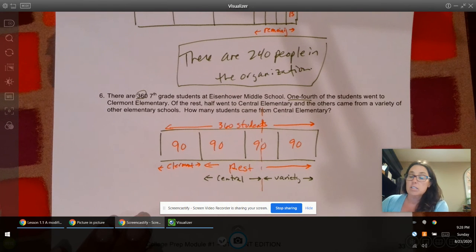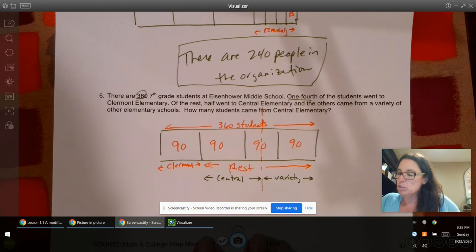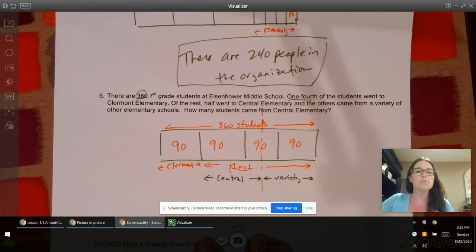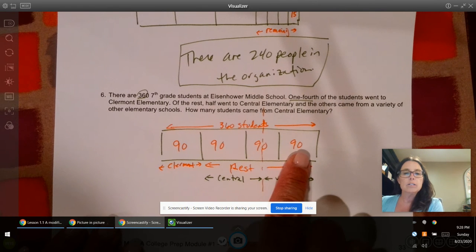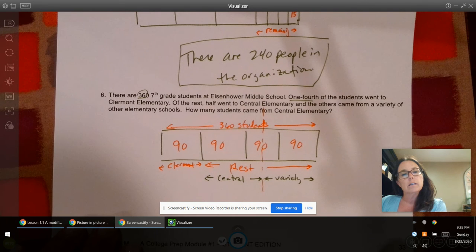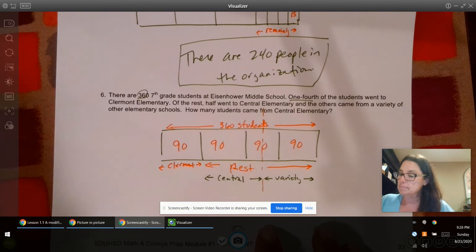I could ask you a ton of questions. First question, how many kids went to Claremont? Your answer, 90. Next question, how many kids are considered the rest? 90, 90, 90, 270. Next question, how many kids went to Central Elementary?